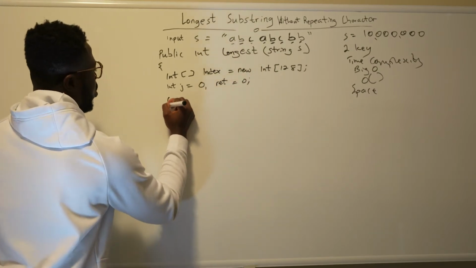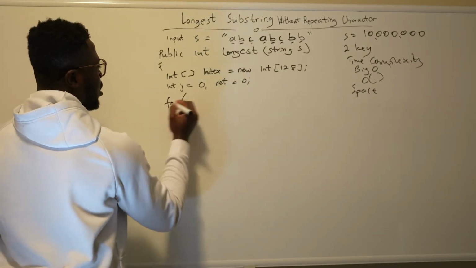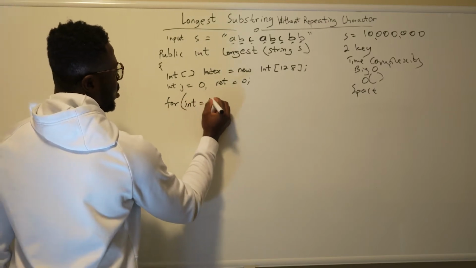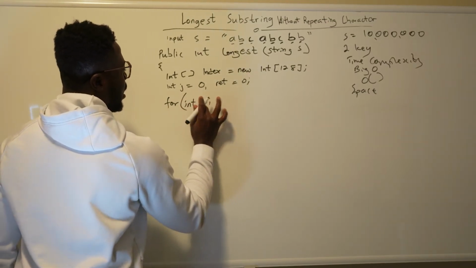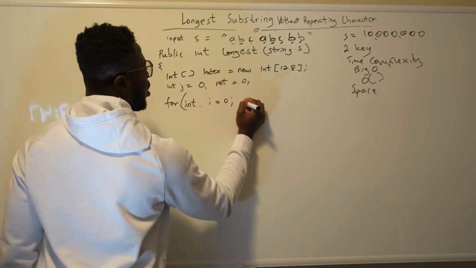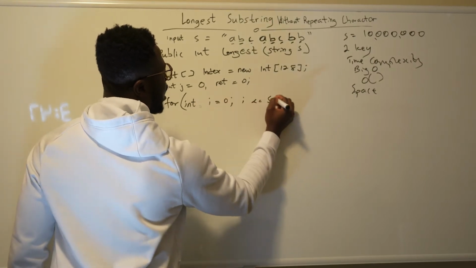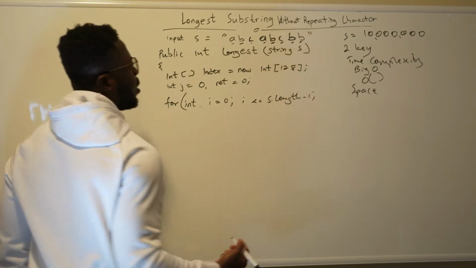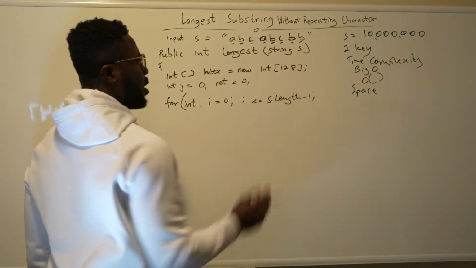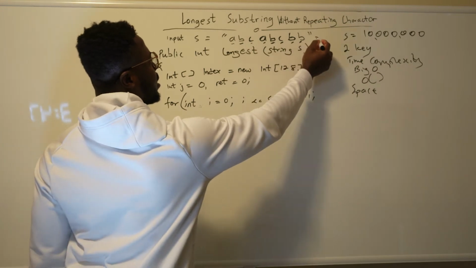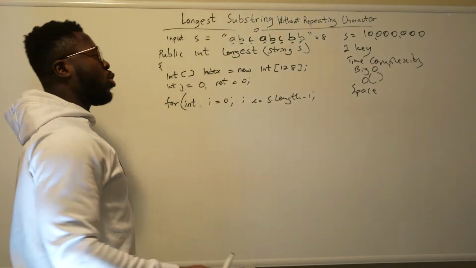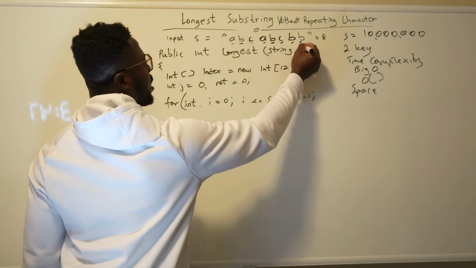So this is where we iterate. We are going to iterate through the string: int i equals 0, i less than or equal to s.length minus 1. The length of the string is pretty much 8, but array indexes start from index 0, so the last value will be 7.